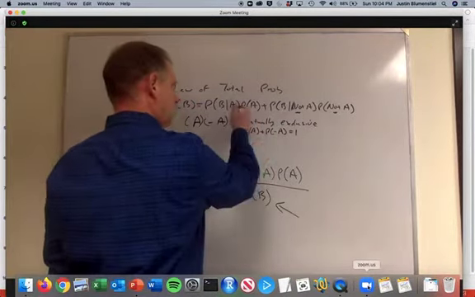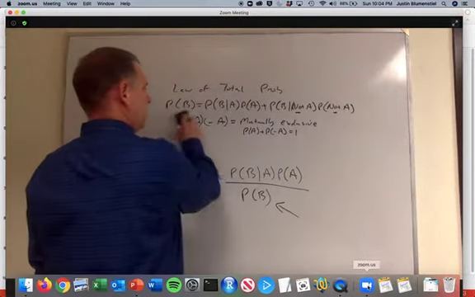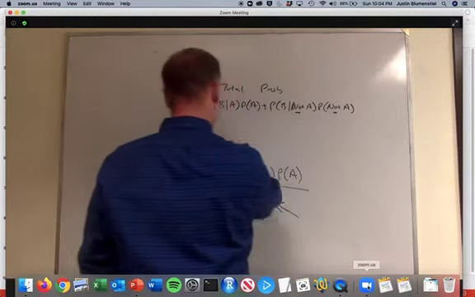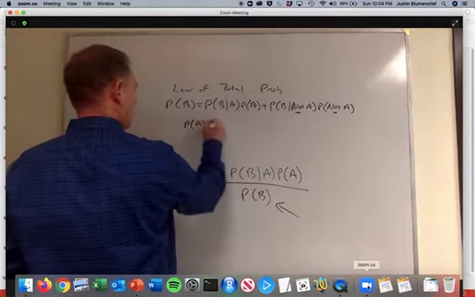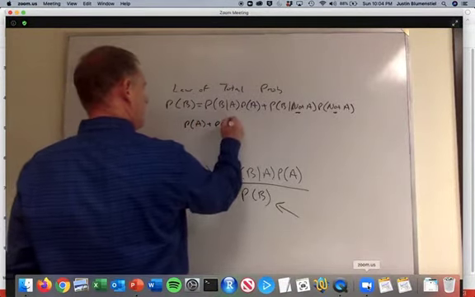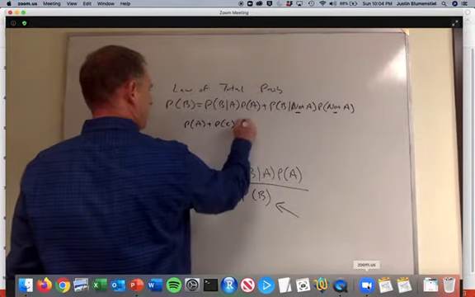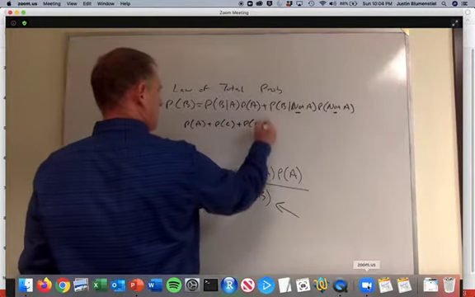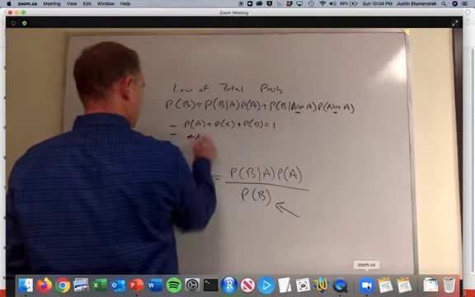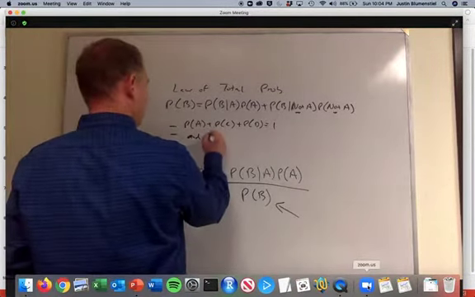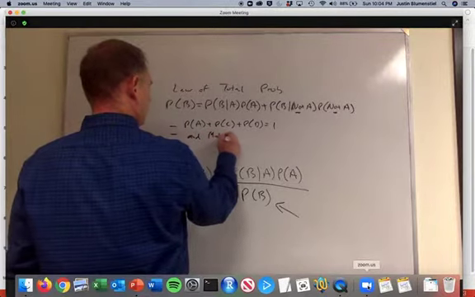You could decompose this further. You could say, for example, that the probability of A plus the probability of, let's call it C, plus the probability of D is equal to 1, and let's suppose they're all mutually exclusive.